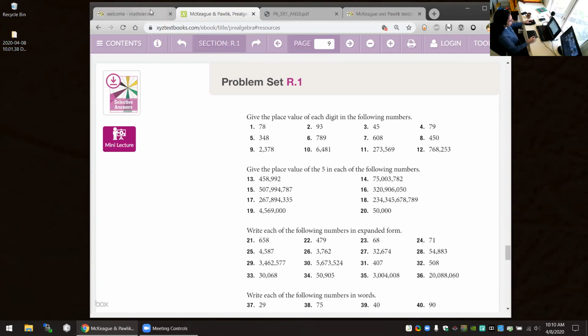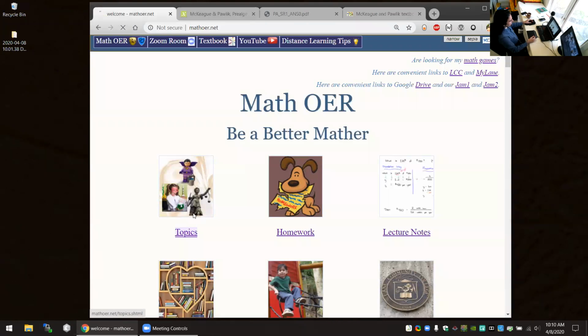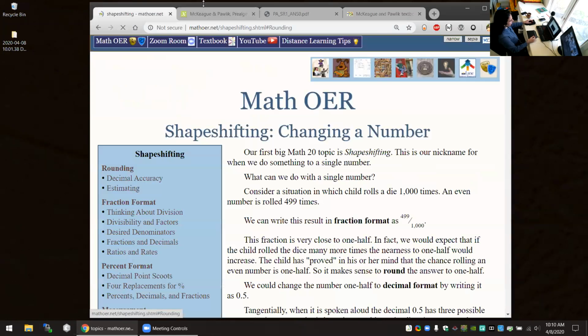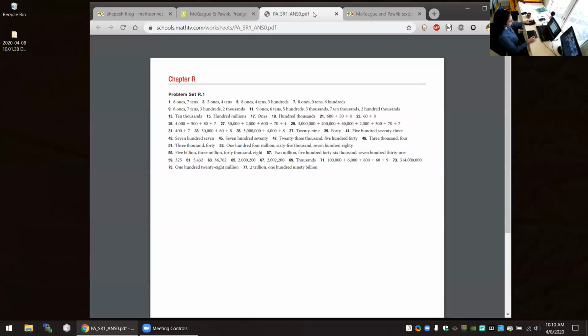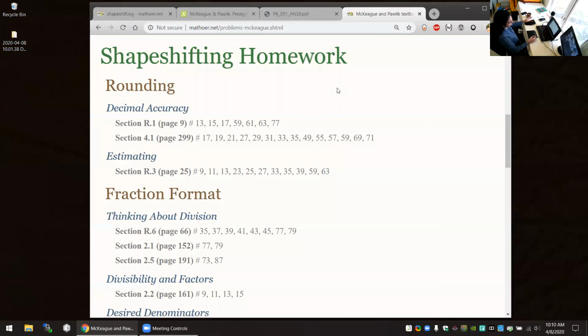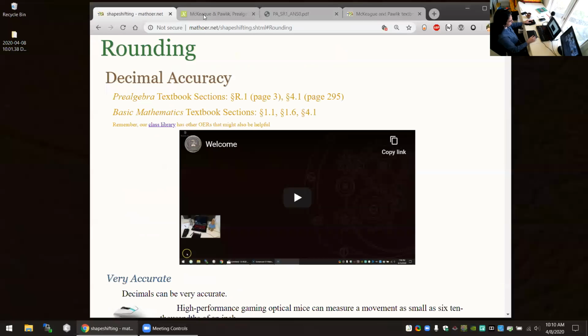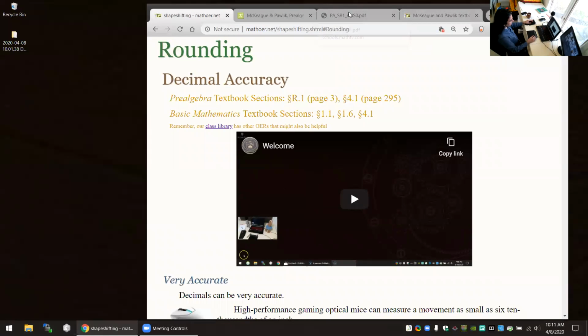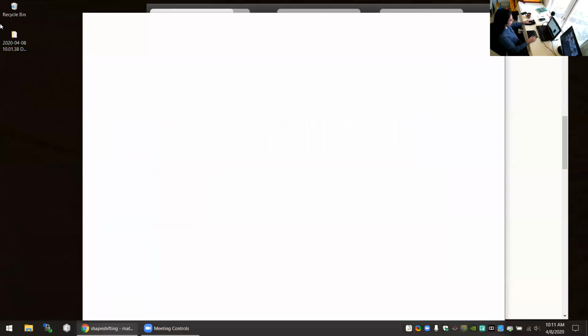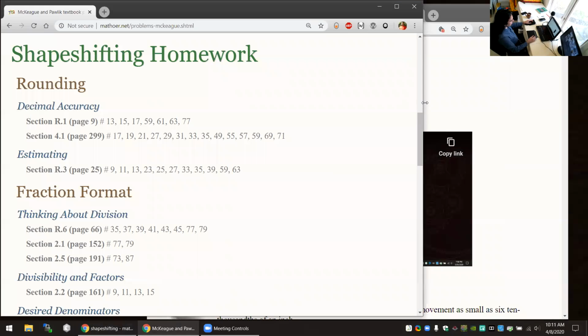I can go with these tabs to say, let's look at my notes, see what we were doing in rounding. Let's look at the textbook, let's look at the answers, and let's look at the best problems. But this is annoying to have to click at the tabs at the top to go back and forth. So for most browsers, you can take something and just drag it off and it makes its own window.